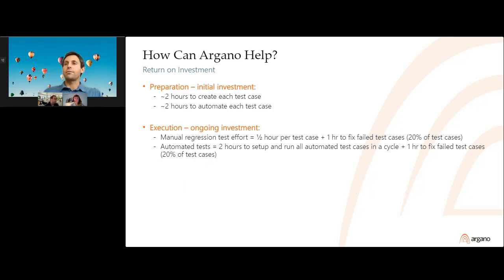Then from an ongoing perspective, if we were to separate how you would be performing manual regression test efforts, so having individual users go through and do it themselves, versus automated tests, we're looking at around half an hour per test case to run on a manual basis, versus, once we've set up those test cases to be automated, a 2 hour setup to run all automated test cases in that cycle.